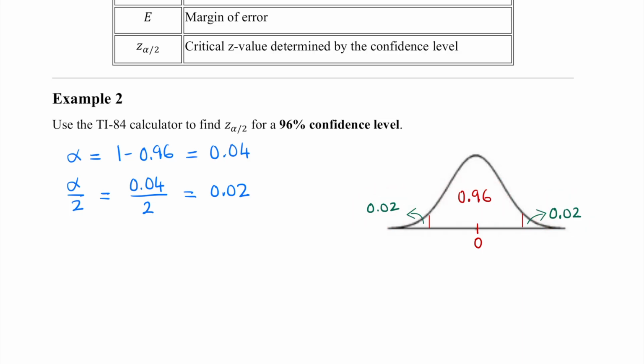The two boundaries between the middle area and the two tails are the critical values. The left critical value is negative z sub alpha over 2. The right critical value is positive z sub alpha over 2.